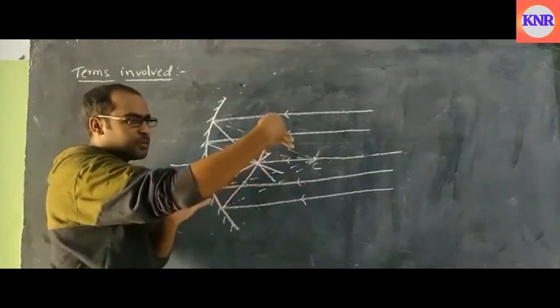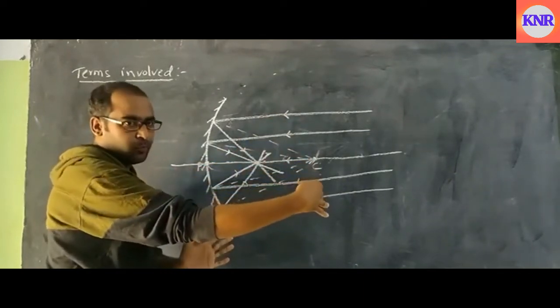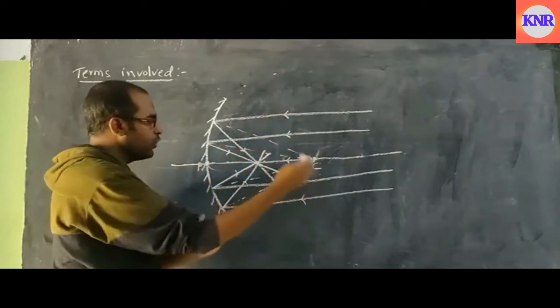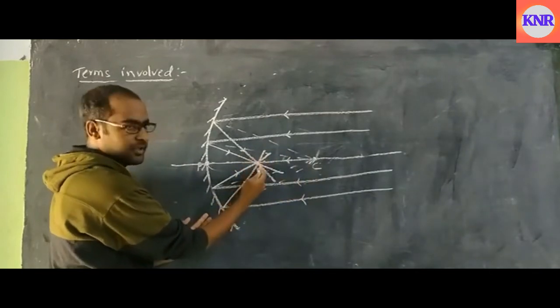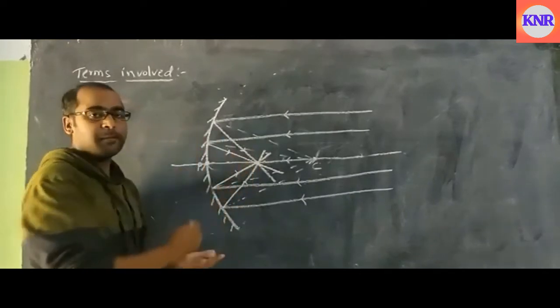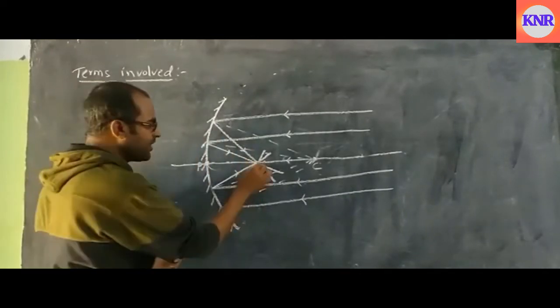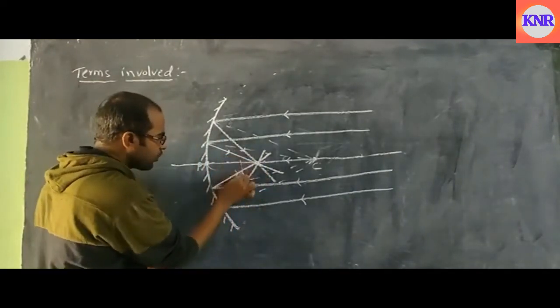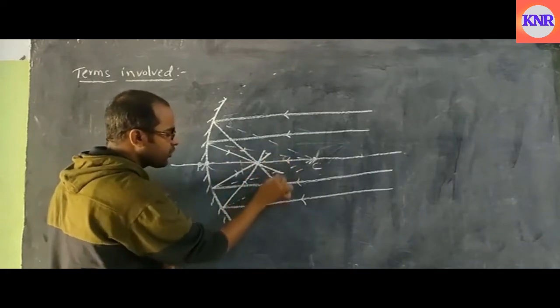But if it is placed in front of a window, the image will be formed here, and an inverted, upside down image will be formed. Then why is the image formed here only? Why is the perfect image not formed here?